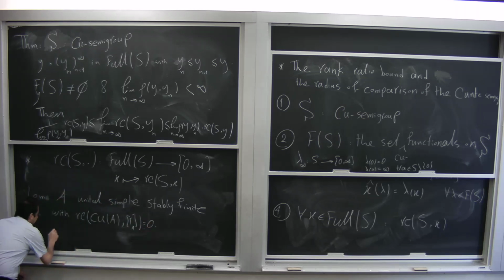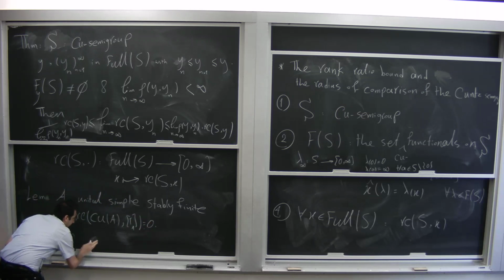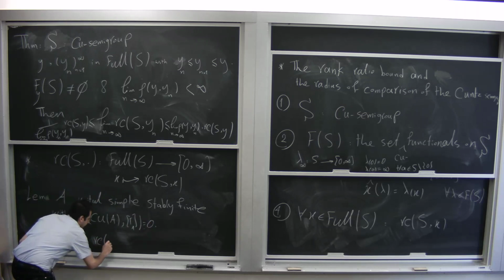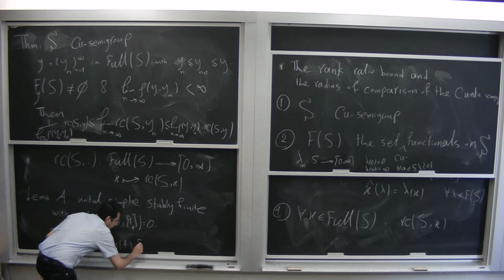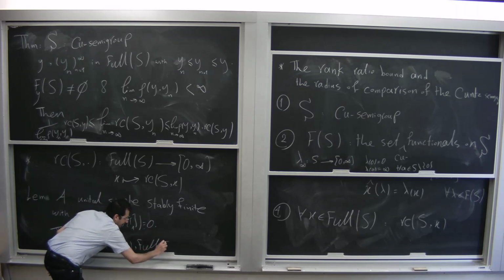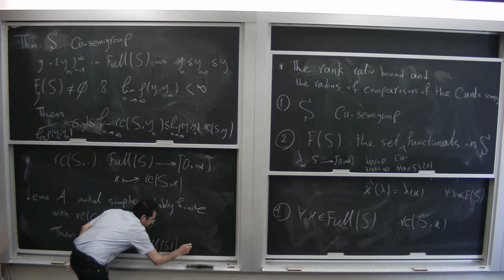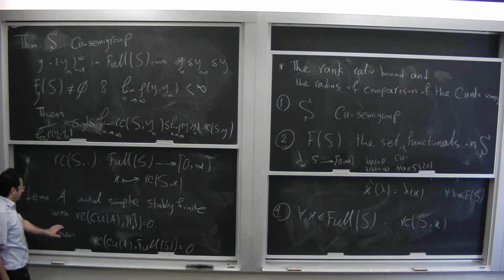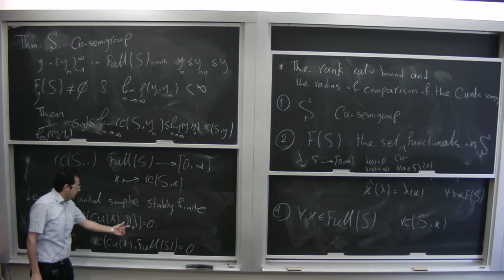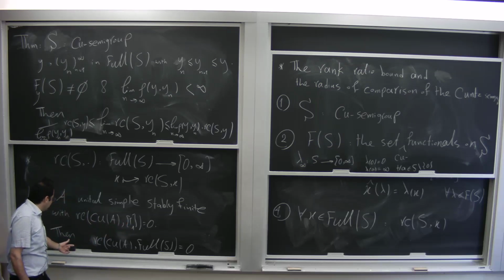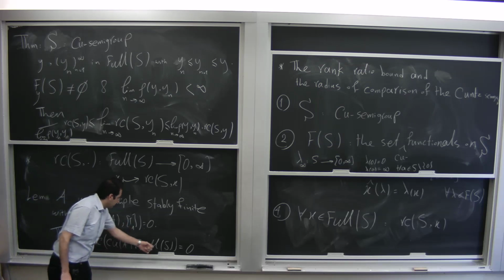Then what we have is RC of Cu of A and full elements of S is going to be 0. It means that if you have a 0 radius of comparison on the unit, then you can get 0 radius of comparison on all the full elements of S.